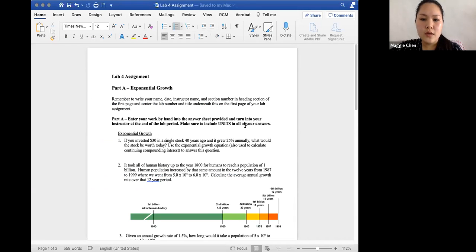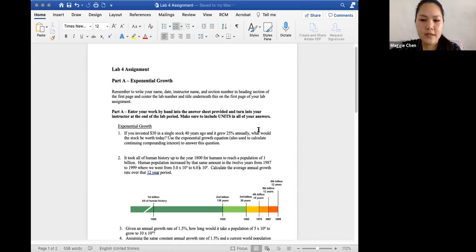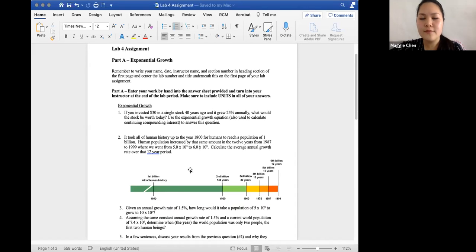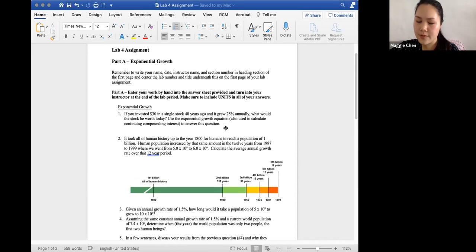For this assignment, the answer sheet is really just this Word doc. If you are comfortable using the Word doc to put in your equations and do calculations and type it up on here, you can. But if not, you can write all of your work by hand and then take a picture of your work and submit it that way.